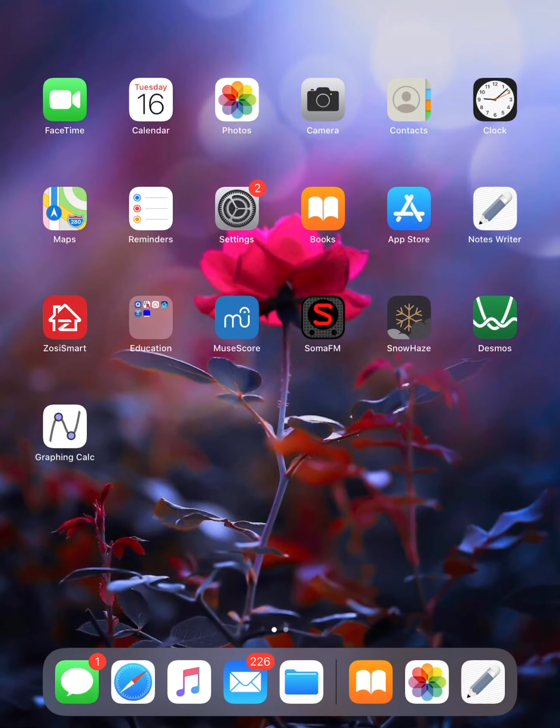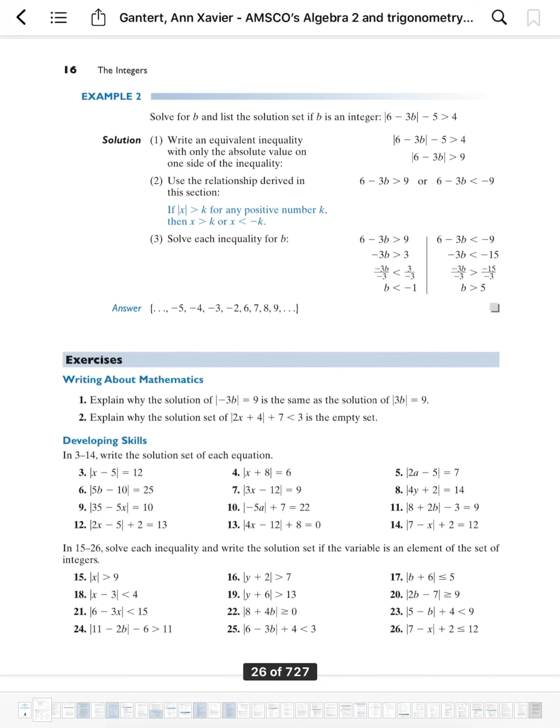On to the next question from the book. Question number 18, absolute value of x minus 3 is less than 4. X minus 3 is less than 4. I'll need to split this up.